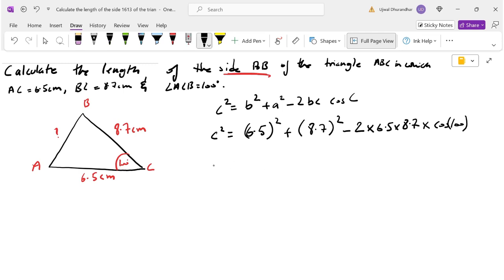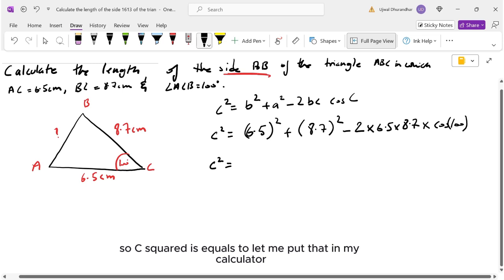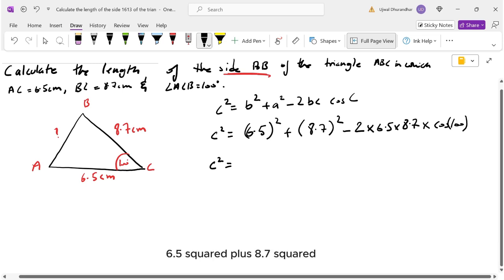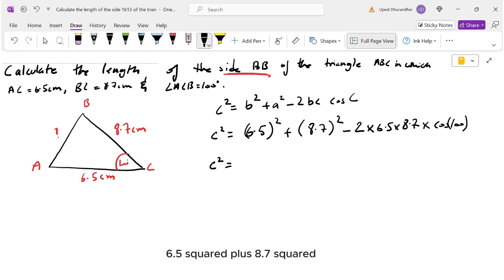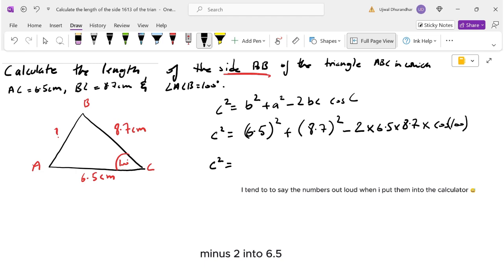Okay, so C square is equal to, let me put that in my calculator, 6.5 square plus 8.7 square minus 2 into 6.5 into 8.7 into cos 100.